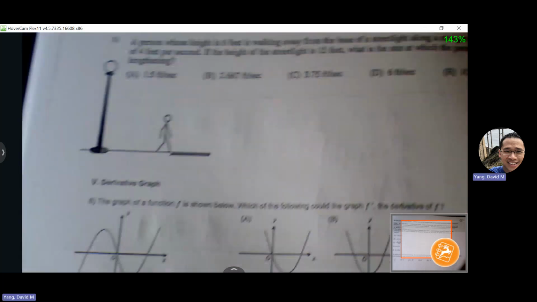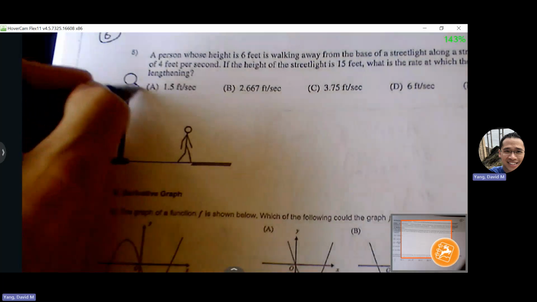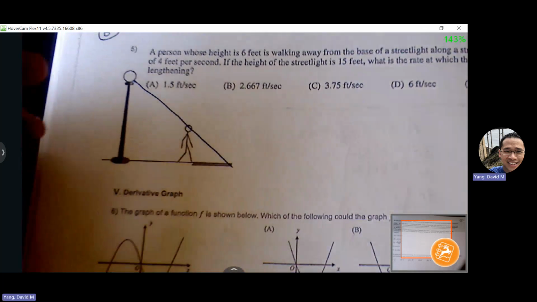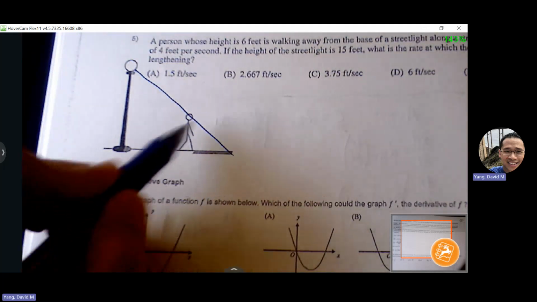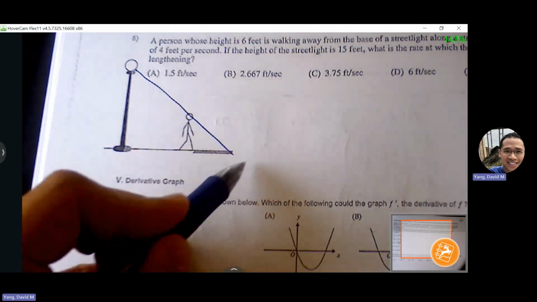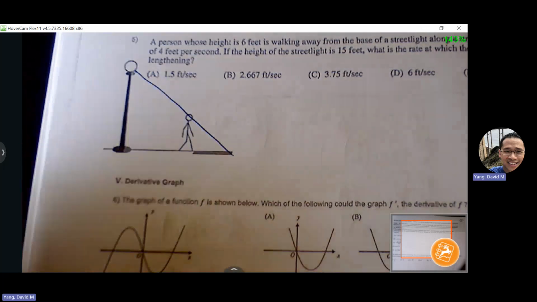Okay, so there's a triangle within a triangle here because the shadow and the person is going to form a smaller triangle, and the edge of the shadow is going to form a larger triangle.